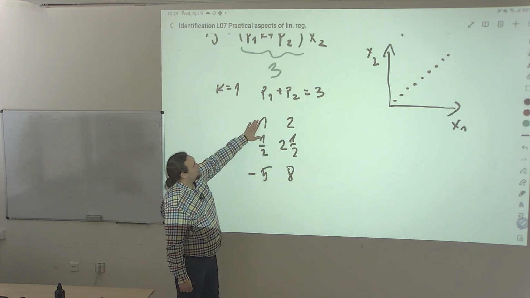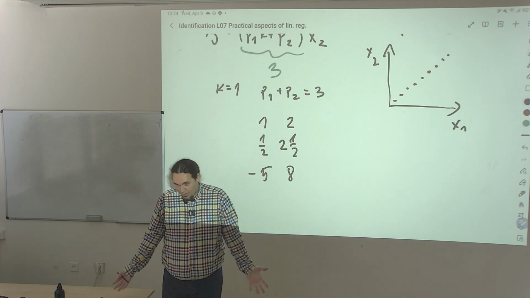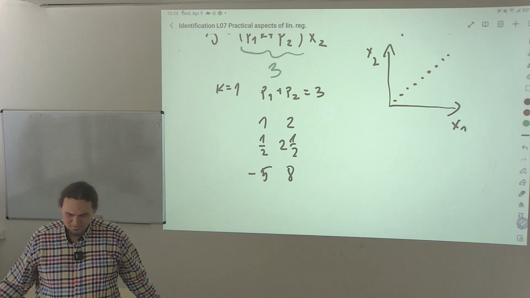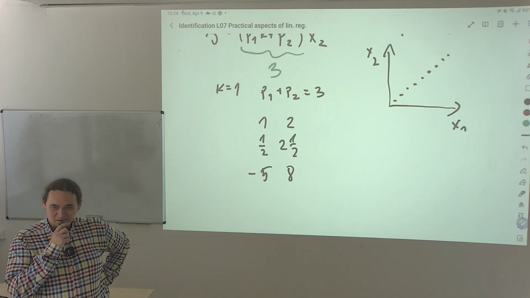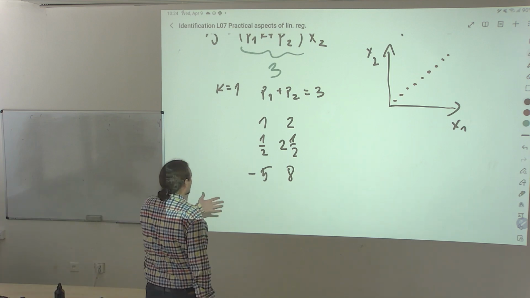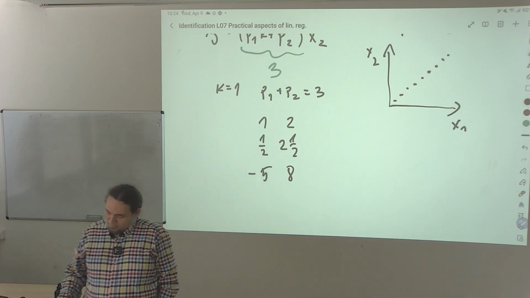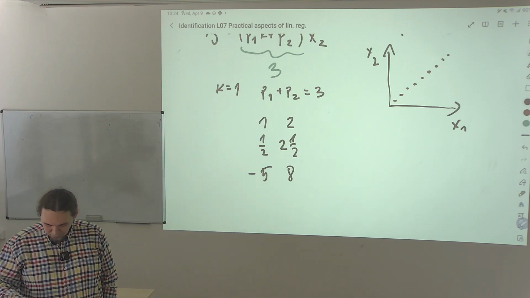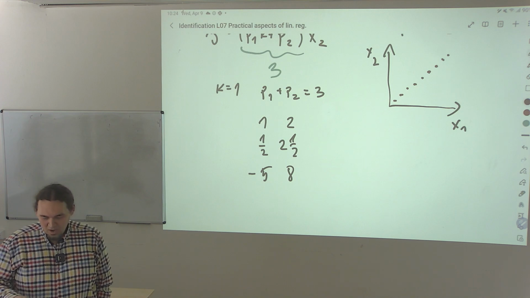So all these values of p1 and p2 can be a result of our regression, and if they should represent some physical quantities, parameters, it doesn't seem to be reasonable to have this additional degree of freedom.